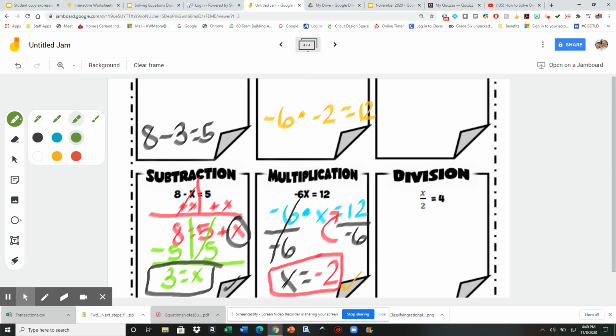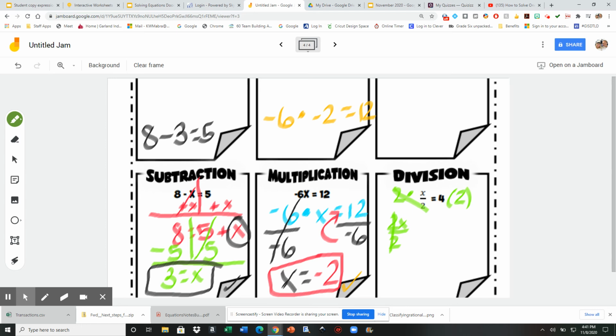The opposite of dividing by 2 is multiplying by 2. So if I multiply by 2 on both sides, remember these will cancel out, because what it really leaves you with is 2x over 2, and the 2 goes into 2 one time, leaving you with the 1x.